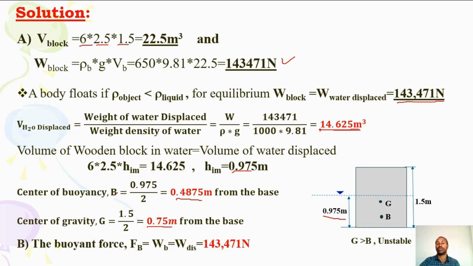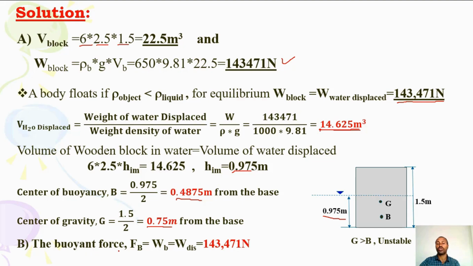So compare B and G. The center of buoyancy, which is the midpoint of the submerged height, is half of that, which we calculate as 0.48. Since G is greater than B, meaning the center of gravity is above the center of buoyancy, it is unstable, so we will have some metacentric height.